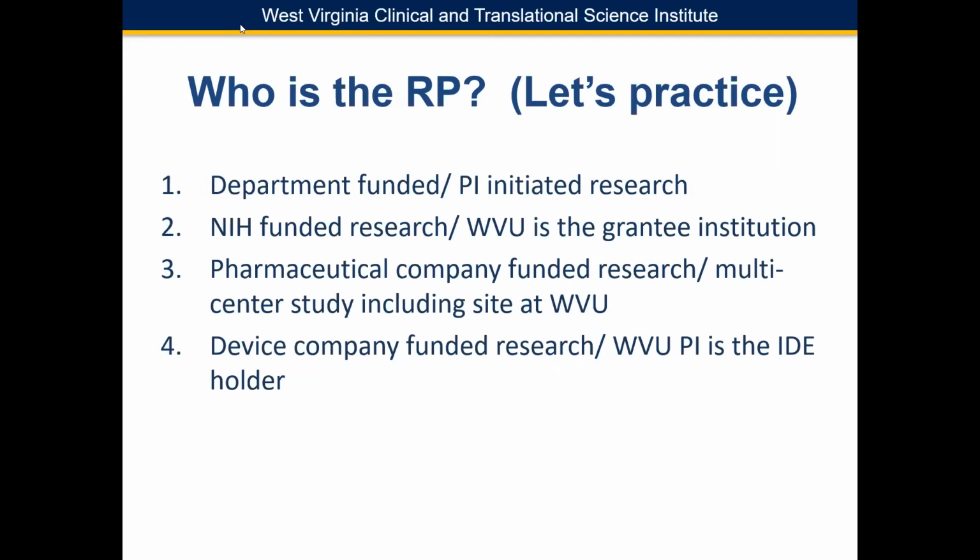In that case, it would be the PI. If it's NIH-funded research, but WVU is the grantee institution, then it can either be the university, or the university can designate the appropriate PI.